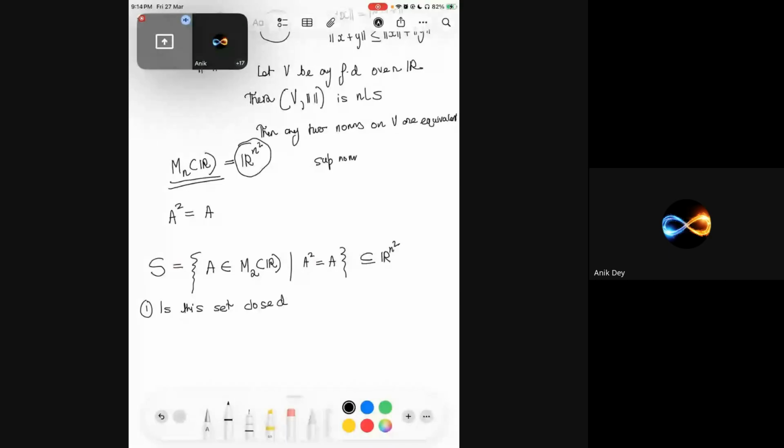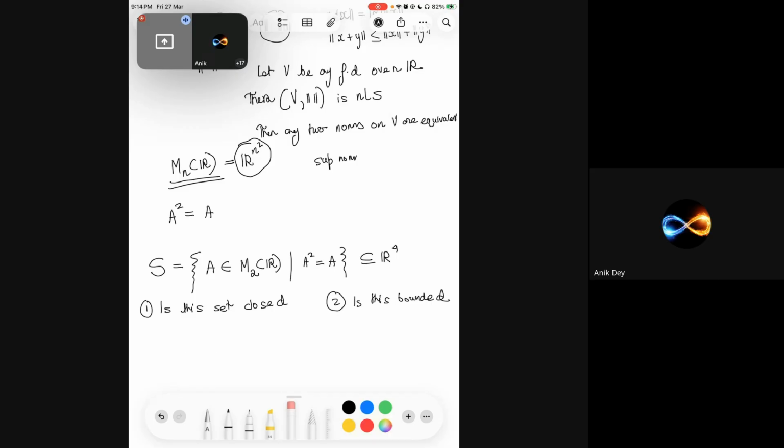Actually this is not R^(n squared), this is R^4. Is this set bounded? These are two questions I'm asking. There is a third difficult question: is the set connected? That one I won't resolve today, so let's not go into that.